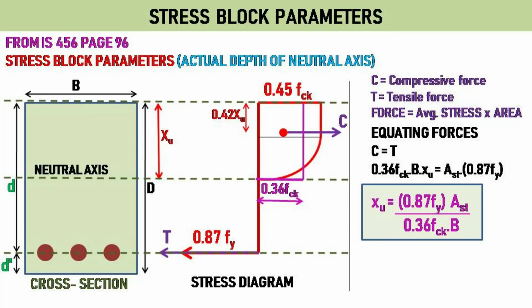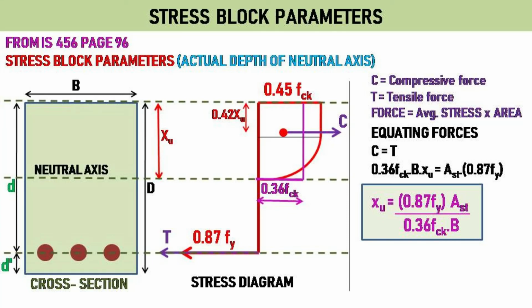We know stress is mathematically defined as force acting per unit cross-sectional area. That is, stress is equal to force upon area. Therefore, force is equal to average stress times area. Compressive force, C, is equal to average stress times area.